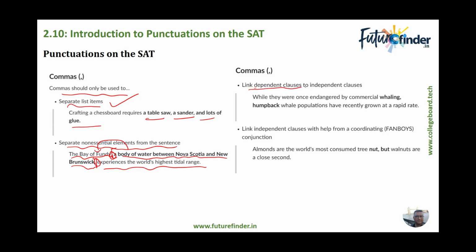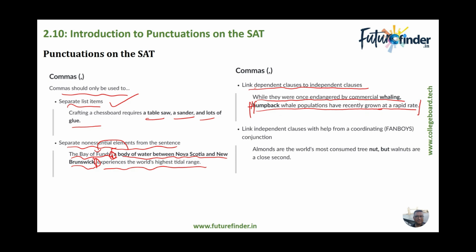They link dependent clauses to independent clauses, always like this. While they were once endangered by commercial whaling, humpback whale populations have recently grown at a rapid rate. So, this part is an independent clause. You can put a full stop after that anyhow with a capital H. Humpback whale populations have recently grown at a rapid rate.